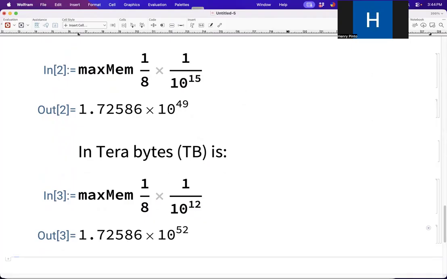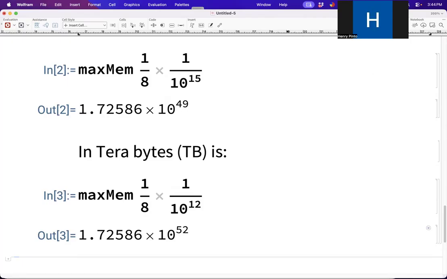What is the size of your hard drive, Tom? Around 1 tera, right? Probably it's 1 tera. You see, this device has 10 to the 52 of the same. You cannot even imagine this amount, right? And this is a small device.